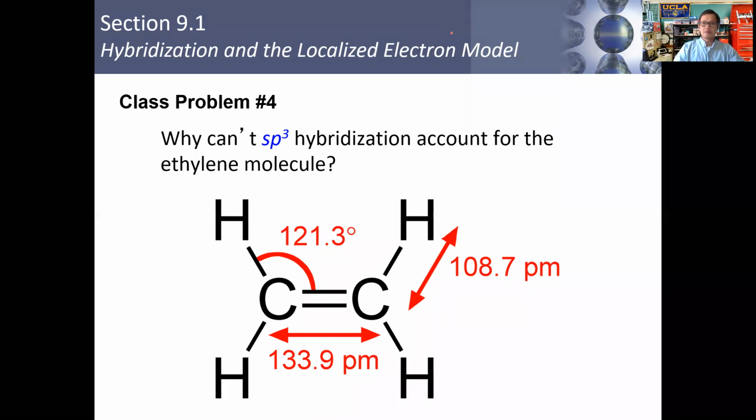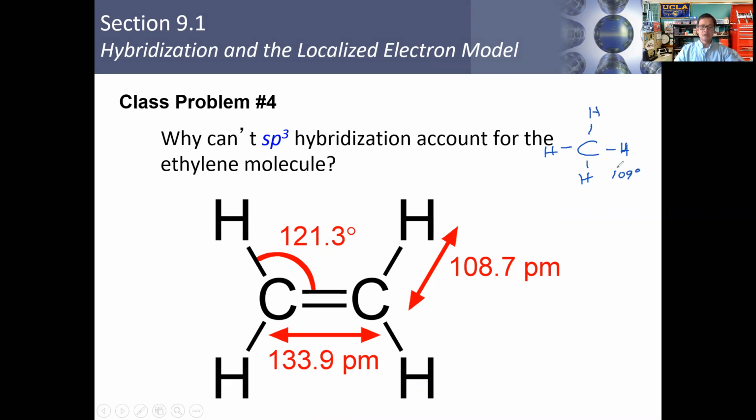Remember with methane, when we talked about methane, and I'll just draw it on this side, we said that carbon is sp3 hybridized. sp3 hybridization results in four sp3 hybrid orbitals around the carbon and a resulting bond angle of 109 degrees.